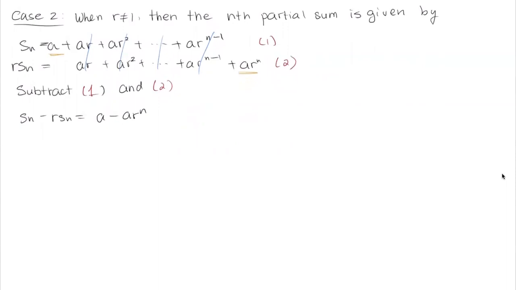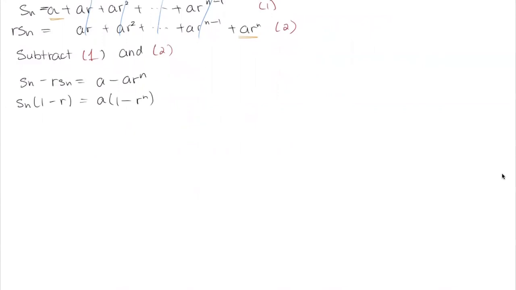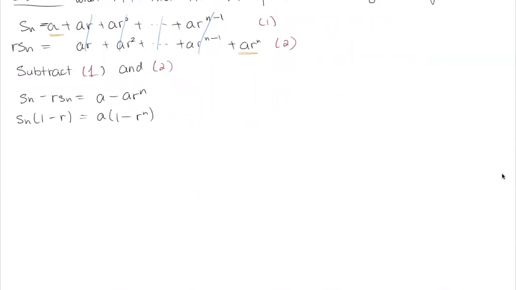So on the left-hand side, we could common factor out the Sn so that we have Sn times 1 minus r. On the right-hand side, we could common factor out the a so that we have 1 minus r to the n. Now, dividing both sides, we're solving for our Sn here. Sn here is just going to equal a times 1 minus r to the n divided by 1 minus r.